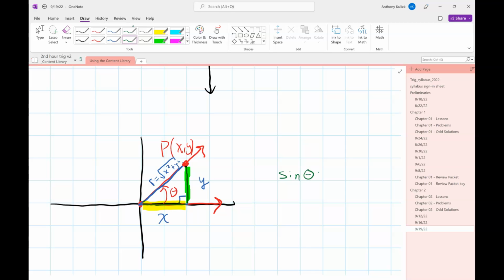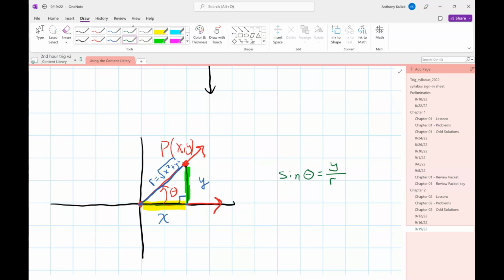So if I do sine theta here, using my geometry definition, sine theta is opposite over hypotenuse. In the picture I've drawn, what is opposite? y. And what is hypotenuse? I'm just going to call it R so it's not so busy.